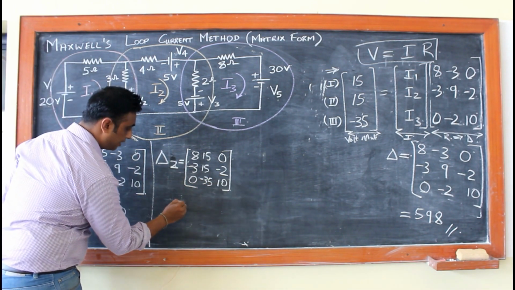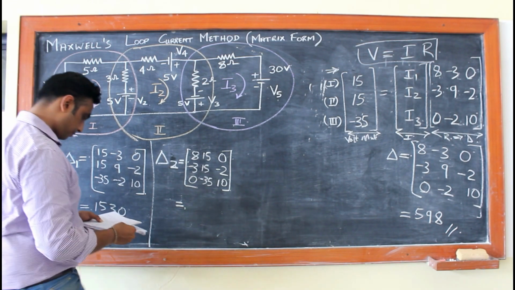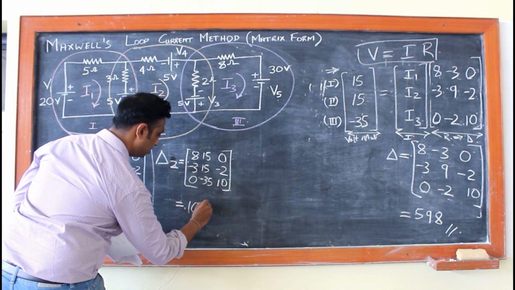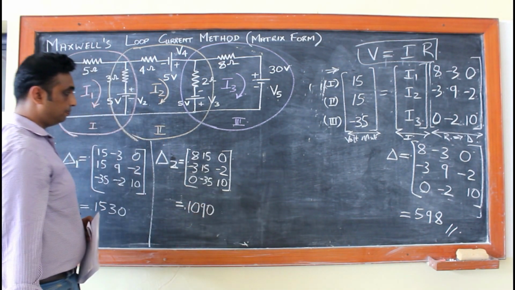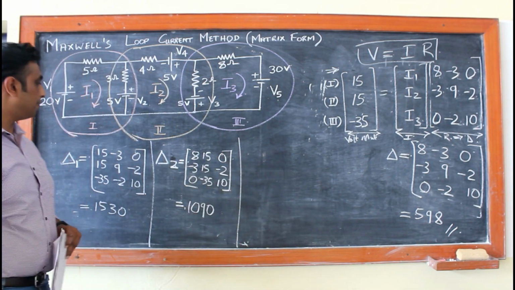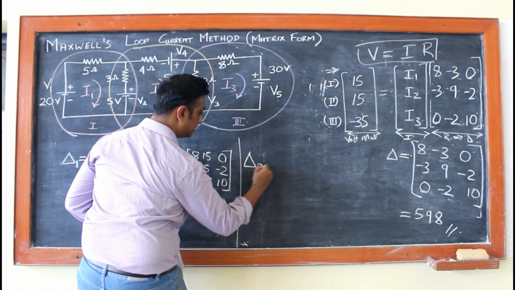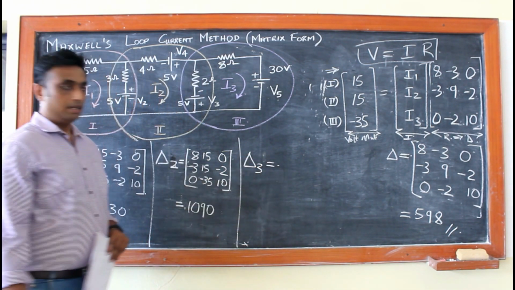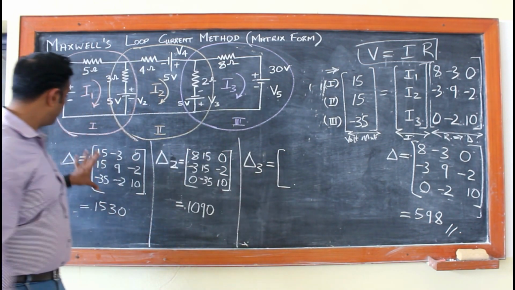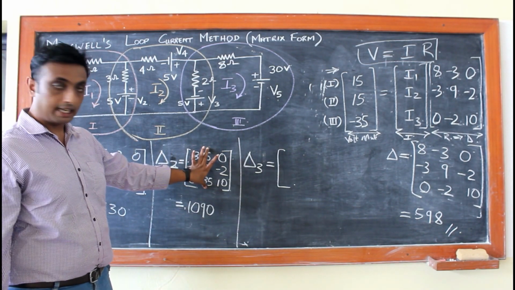Again, I have to find out the determinant. So the delta 2 determinant will give me 1090. And in the same way, how I found delta 2, I have to find delta 3. First column is replaced, second column is replaced.